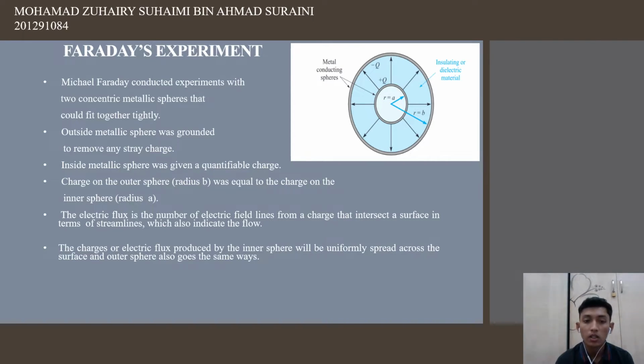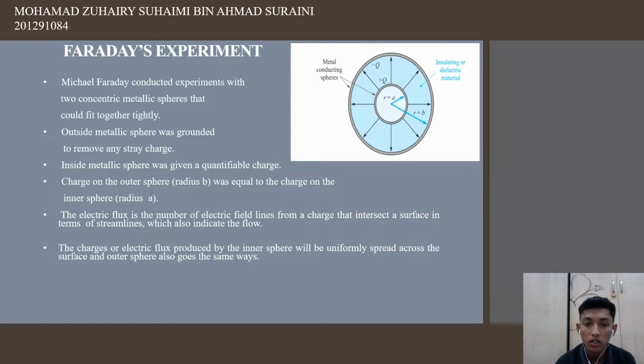The outside metallic sphere was grounded to remove any stray charge from the outside. The inside metallic sphere was given a quantifiable charge. The charge on the outer sphere, of radius b, was equal to the charge on the inner sphere, of radius a. So the charge in a is equal to the charge in b.